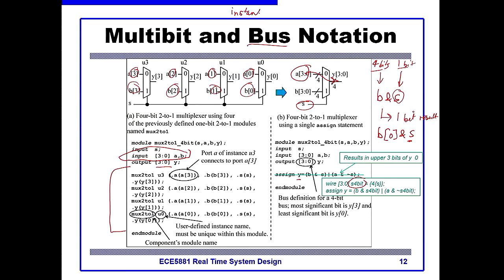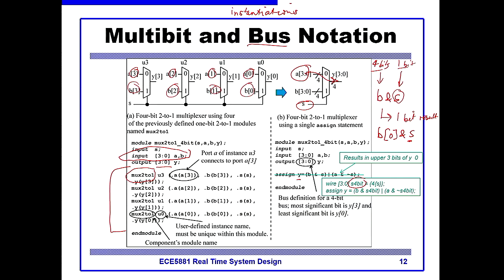So instantiation is a way to generate multiple copies of other modules you've already defined, and that's the case with us. We've defined this module called MUX 2 to 1. So that does single-bit multiplexing of inputs to generate output.